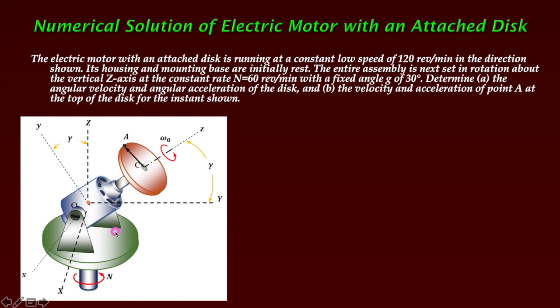This angle is not changing, meaning there is no angular motion with respect to the x-axis, and the disc is rotating, attached to the motor shaft, and the whole assembly is rotating about a vertical axis. Now we can assume two separate coordinate systems for simplicity of calculation.